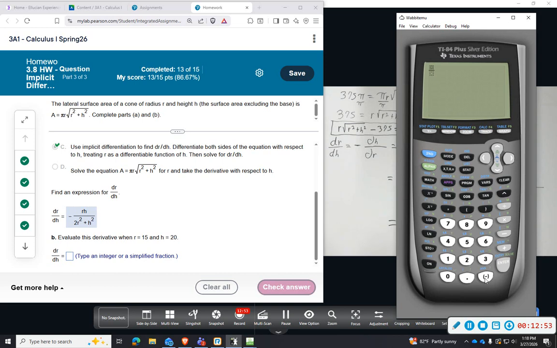Here, I'm just going to do a negative because of the negative out front, and then r is 15. 15 times 20, it was 300, and then on the bottom, we're going to have 2 times 15 squared, and then plus we'll have 20 squared.